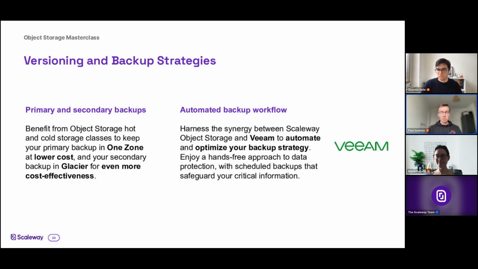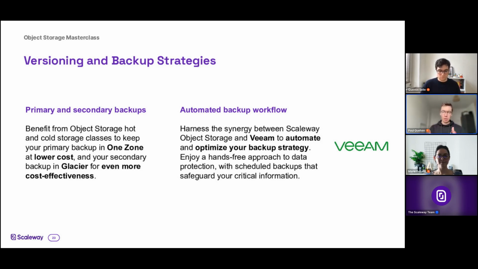The primary backups are the ones stored on what we call the hot storage classes, meaning multi-AZ or one-zone IA. It allows you to access your backups immediately in milliseconds when needed. It could be stored, as I said, on the standard multi-AZ or the one-zone IA at a lower cost because it's only stored on one AZ.